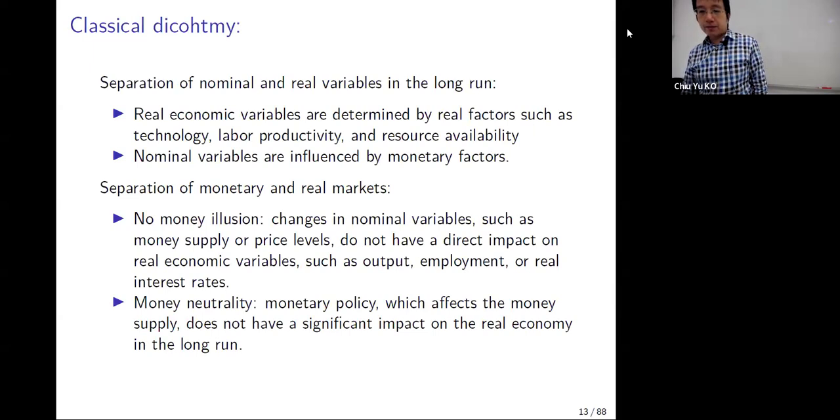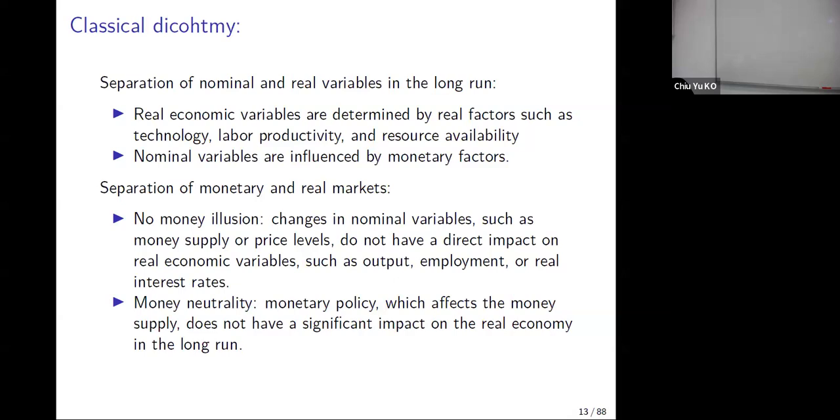Now, the next thing: we finished the output, the GDP. One thing we want to talk about is money, and we don't talk about money in microeconomics. One of the reasons is what we call the classical dichotomy. I think it started with the philosopher David Hume in the 1600s.